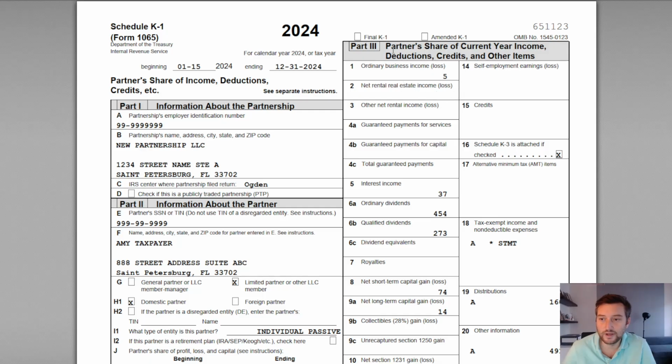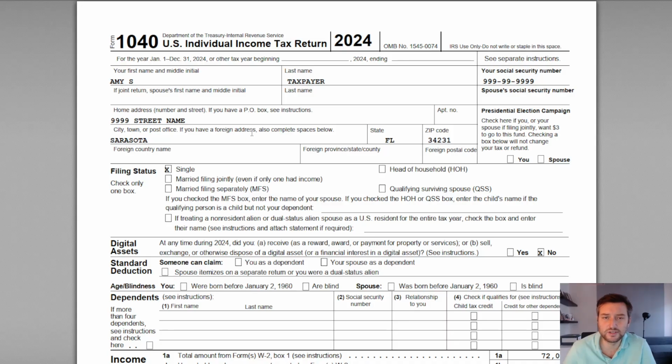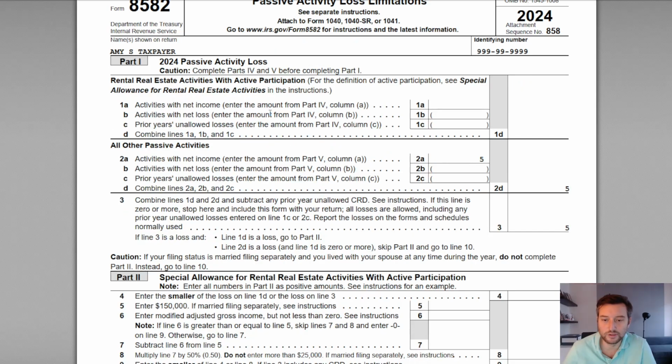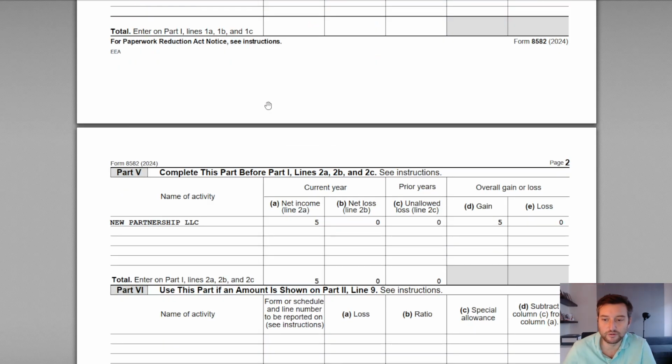So when we have the $5, where does that land on the return? Well, it lands in a couple places. So the first one is because this is a passive activity to Amy, she should be completing a Form 8582 for the passive activity loss limitations. Now, the original entry should be reported on page 2 and part 5.